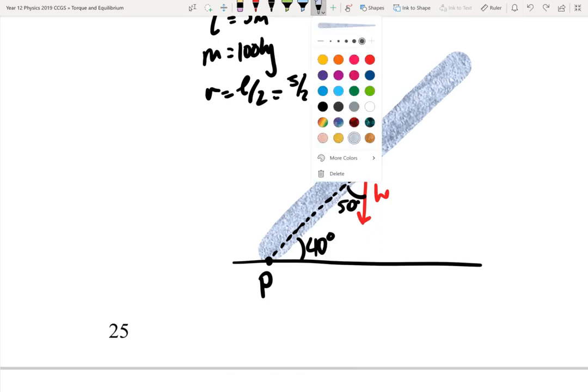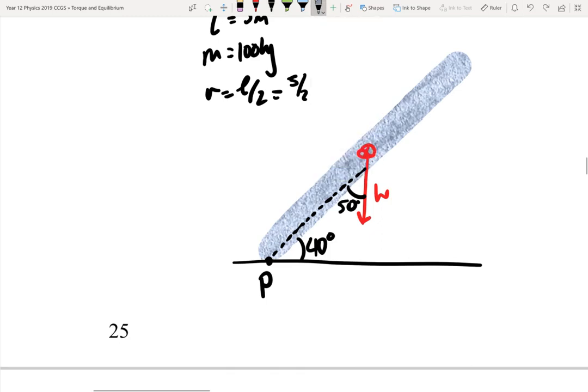The line of action would look like that. You don't need to draw it, but that's what it looks like. And hey, that would be weight cos 40 or weight sine 50. Always take the angle between the force and the line of action. Always take that 50.